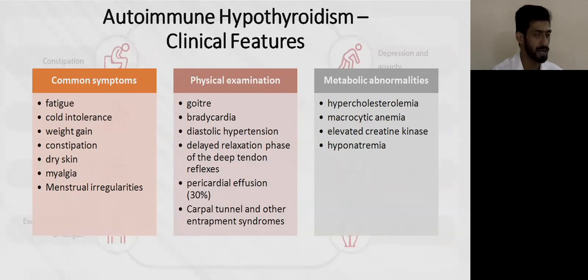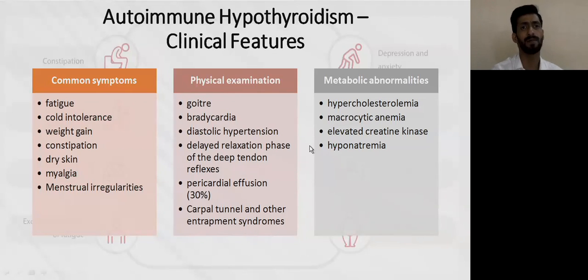It's not an indication for TSH screening, but it's worthwhile discussing the benefits of thyroid screening in them. Now, it is also associated with a lot of other metabolic abnormalities which we should look out for. One is hyperlipidemia. Two is a macrocytic anemia. Three is more commonly hyponatremia. Very rarely it can cause elevated CPK also.